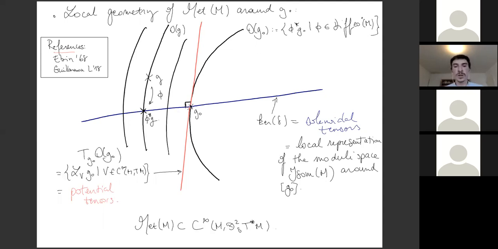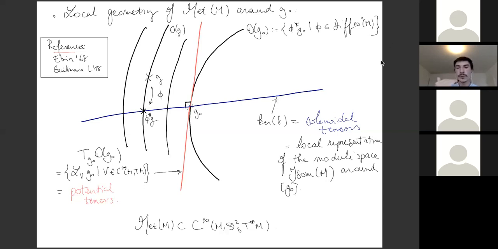Now, there's an orthogonal space to this red space, in blue here. It's called the set of solenoidal tensors, and these are all the tensors in the kernel of a certain divergence type operator delta. I will not define this operator, it's not very important. What is important is that these two spaces are orthogonal for a certain natural L2 scalar product.